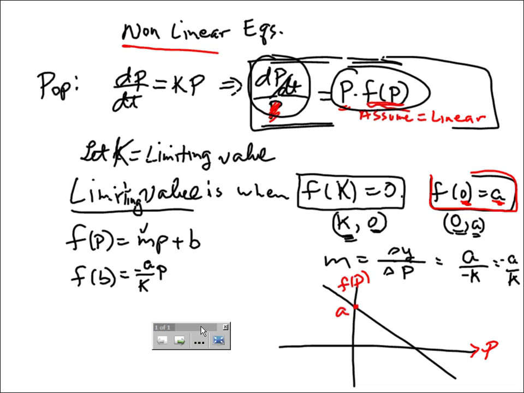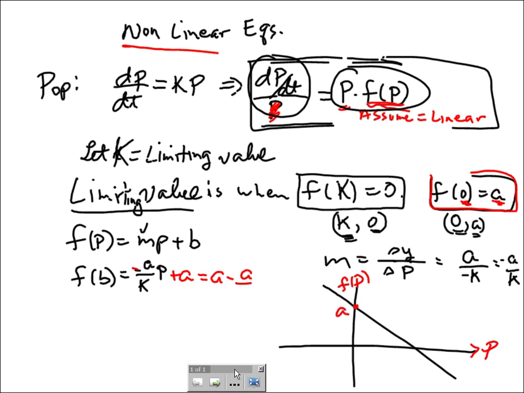The y-intercept is at a. So I have a. I hate having negative things first, so I'm going to write this as a minus a over k p. In fact, it's customary to call that fraction b. So f of p is a minus bp.